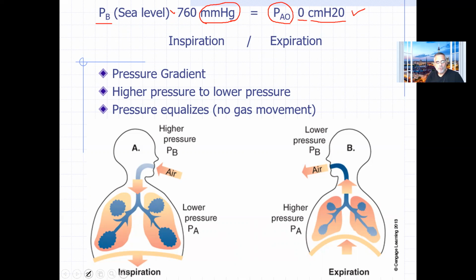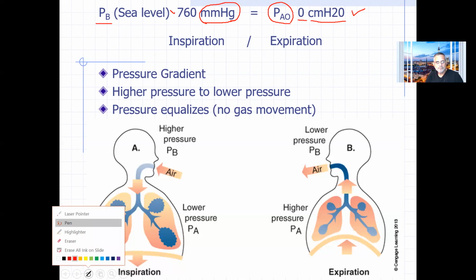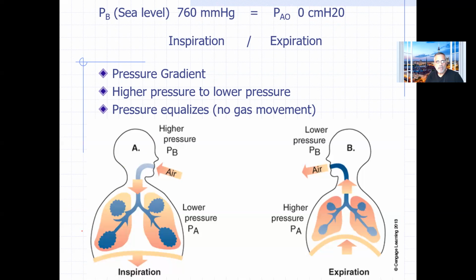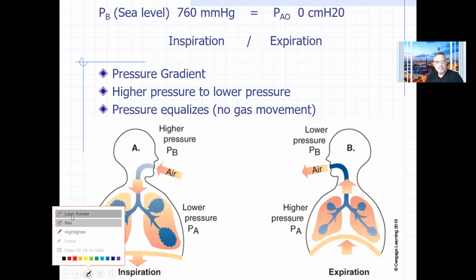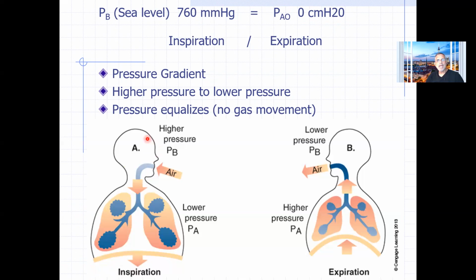Now I know that I focused in on that, but I hope it becomes helpful because as we start to look at these standards, we want to look at what happens during inspiration and what happens during expiration. Overall, this graphic on the left side talks about inspiration.